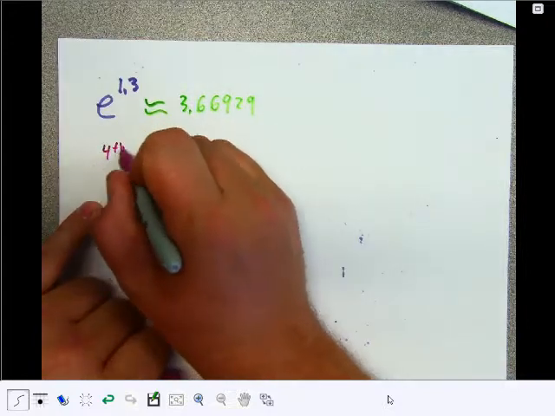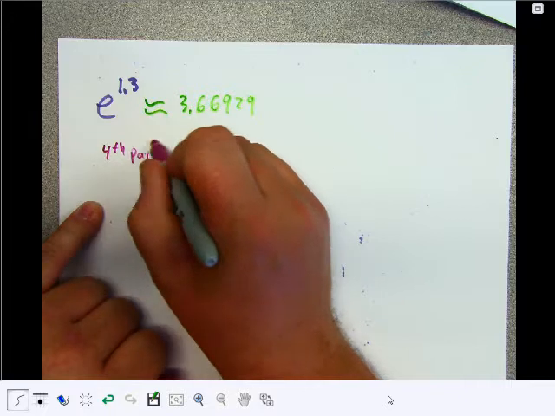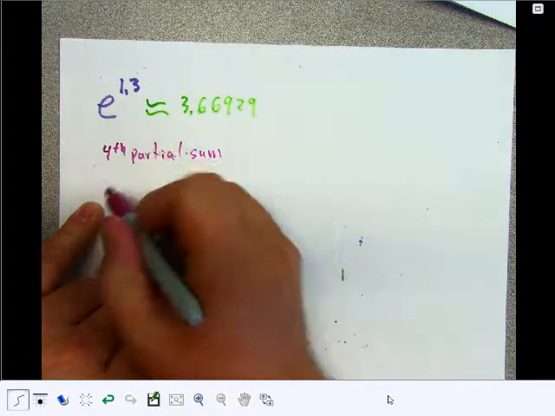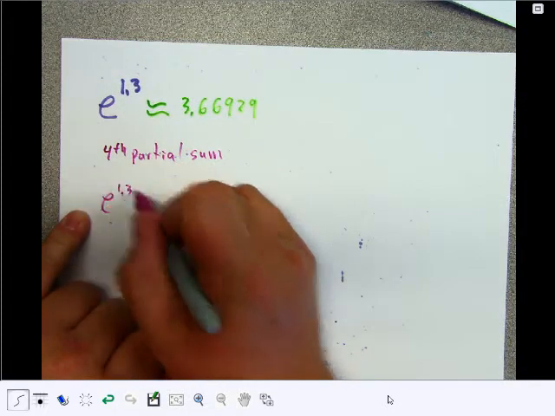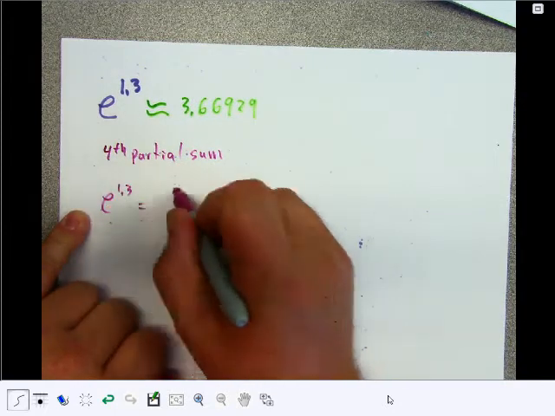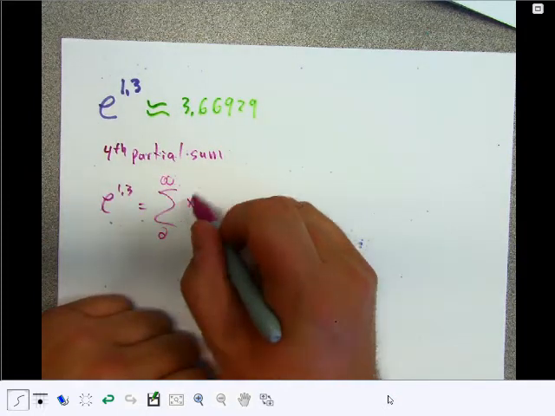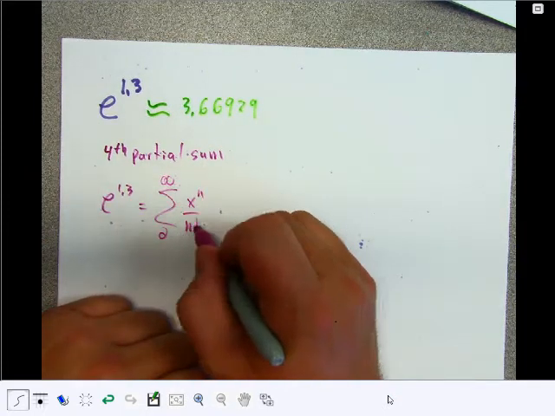So if I use the 4th partial sum, e to the 1.3 is going to equal the summation from 0 to infinity of x to the n over n factorial.